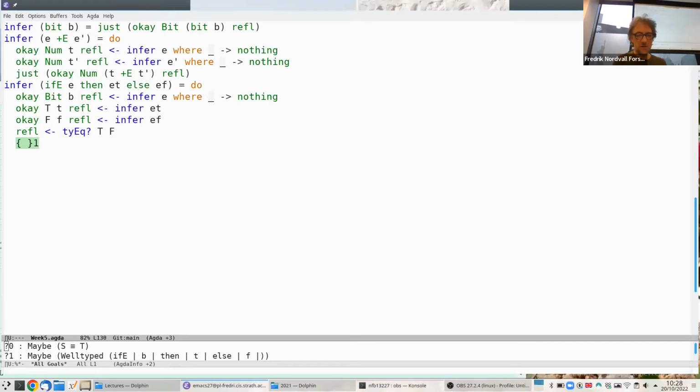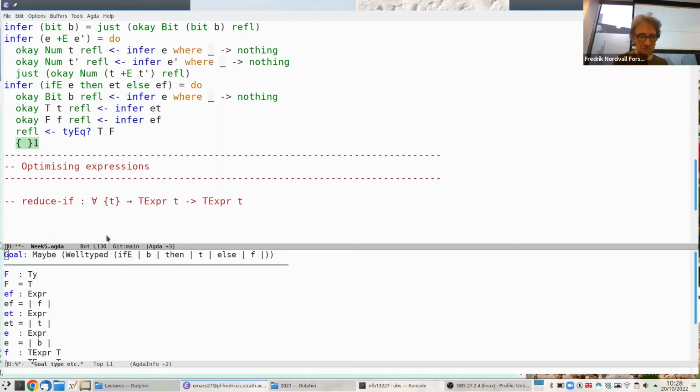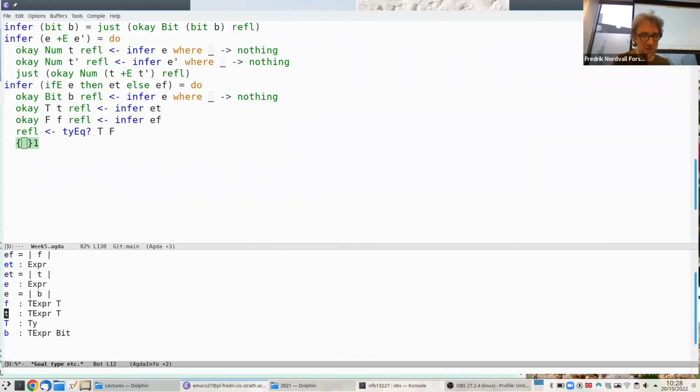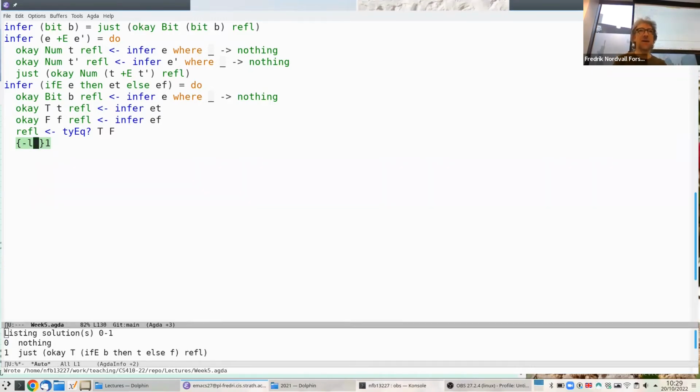And now I can see that if I scroll down a little, I now have two typed expressions with the same type. Thank goodness for that. So let's now do Control-L, Control-C, Control-A, and hooray! It's now figuring out the answer for me.